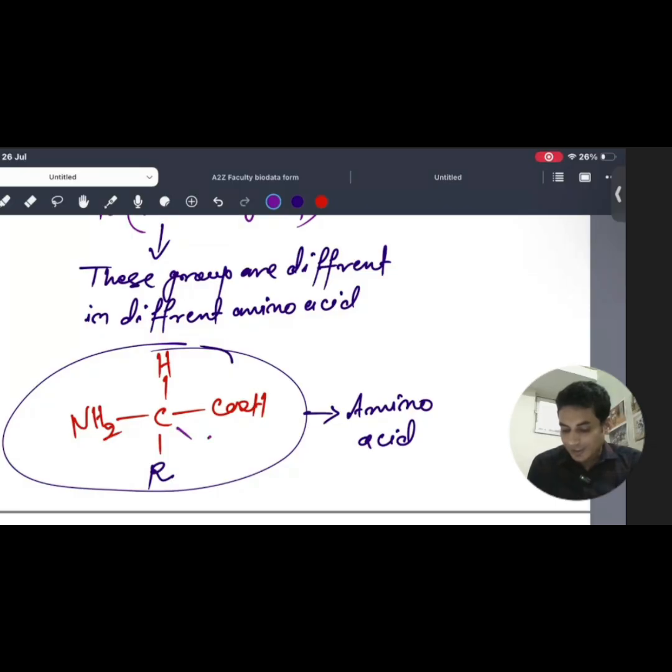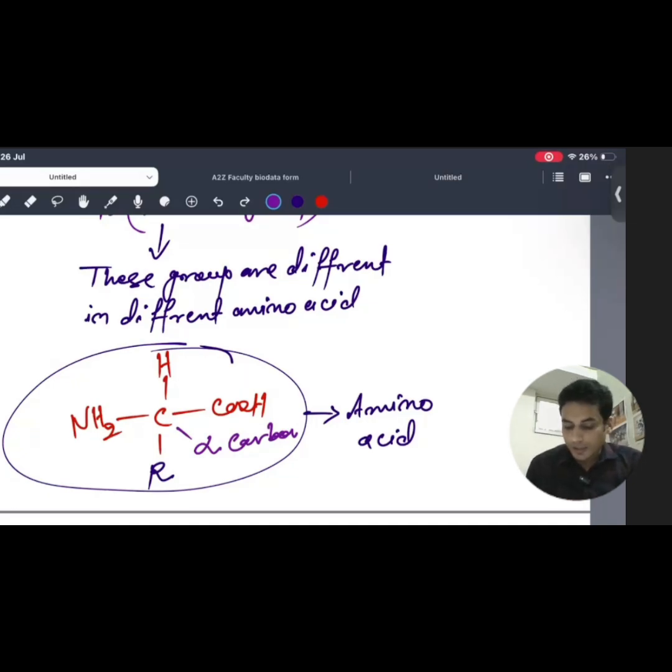Because this carbon is directly attached to the carboxylic group carbon, and this carboxylic group is the main functional group. The carbon which is directly attached to the functional group carbon is known as the alpha carbon. Okay?